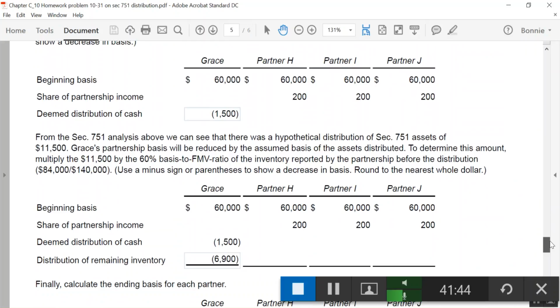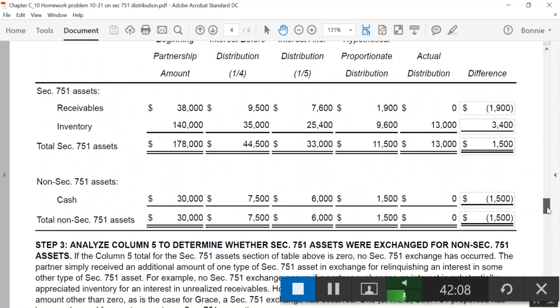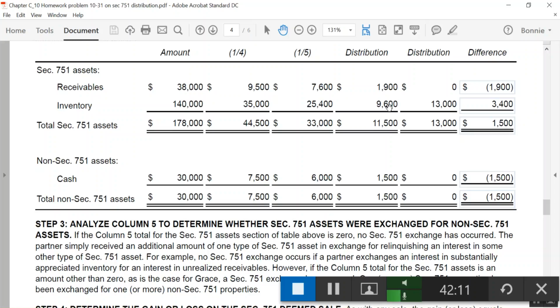And then she's deemed to have a distribution of inventory, and now you have to calculate what her inventory distribution is. So you go up to the hypothetical distribution of 751 assets up above, and it shows you what we're actually deeming her distribution to be.